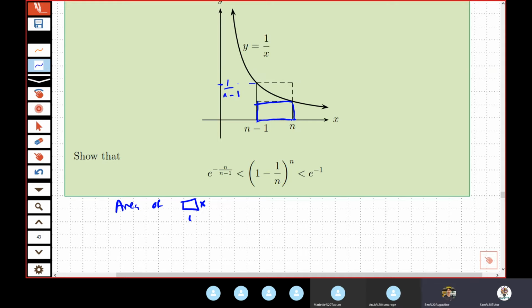Oh, that's just 1 on n. 1 on n, right? Yeah, 1 on n. So it's the opposite of what you usually would think. The first one down here is just going to be 1 on n. Good. Then, what about the area of the orange now?